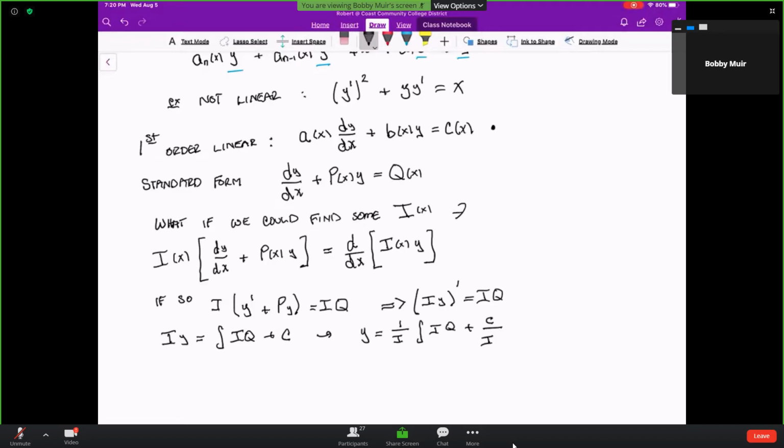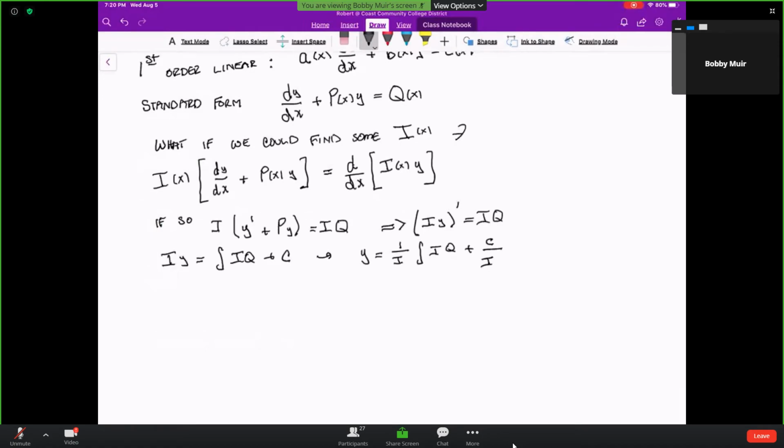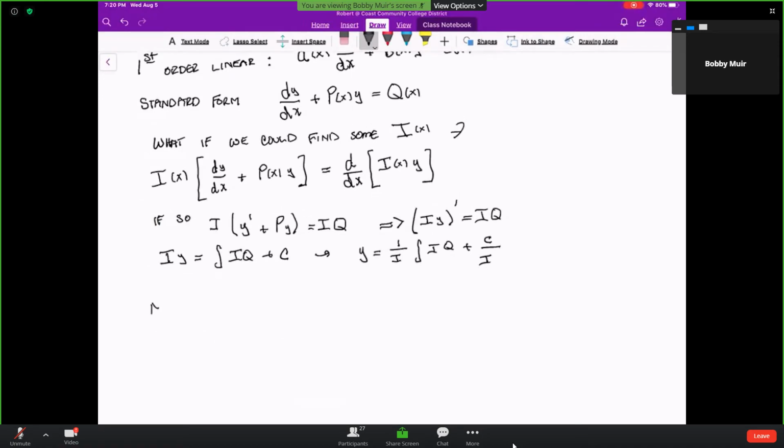Okay, so let's look at this condition on I. All right. So what we need here, let's write down what's needed. What we need is to have the derivative of I times y equal to I times y prime plus I p y. That's me just distributing all that stuff right there.